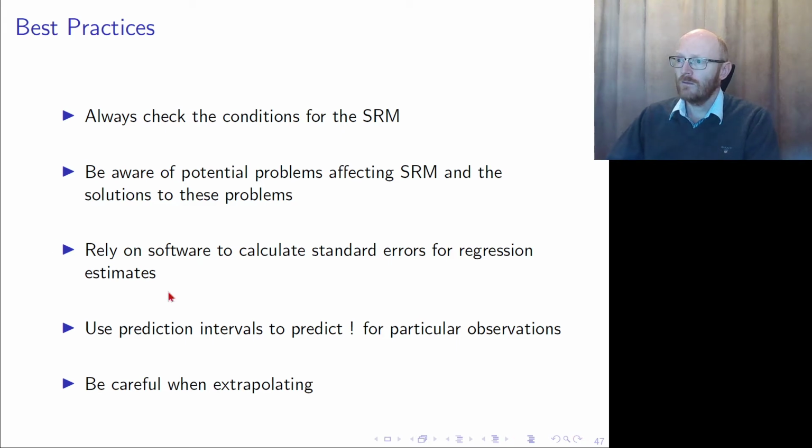so to conclude, we always have to check the conditions for the simple regression model, because if we don't, then we might put more confidence in our estimates than we have reason to.